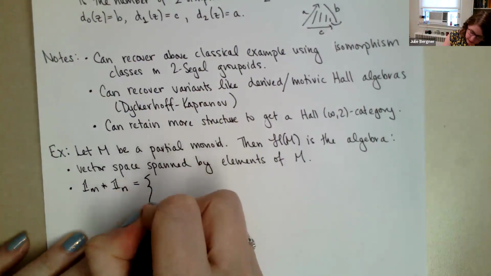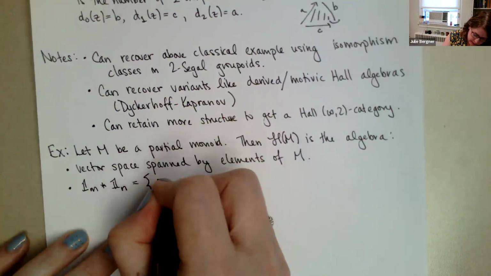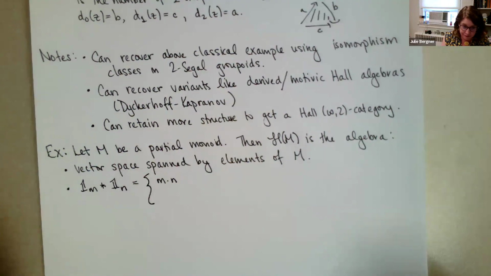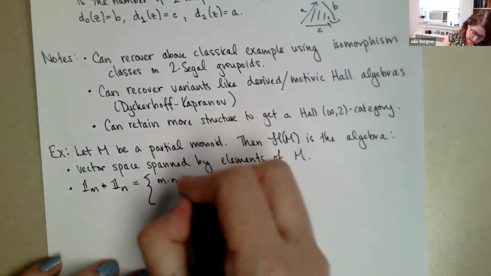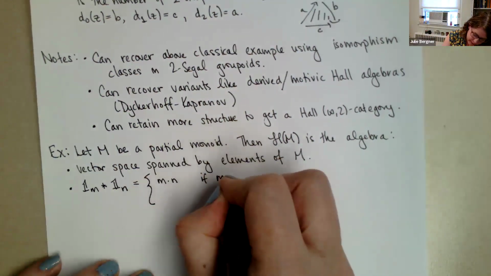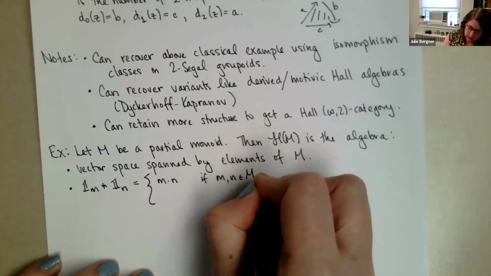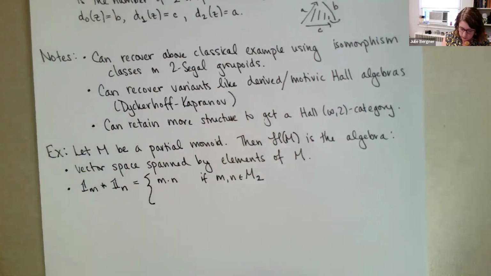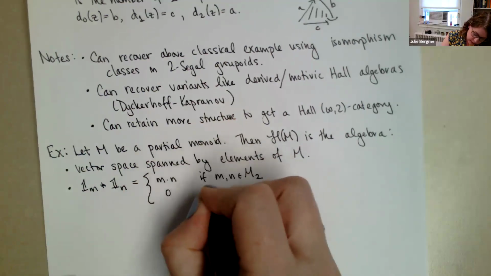I claim that this multiplication will be M times N if such a thing exists, that is, if M and N are in the set M2 of allowable composable pairs. And if not, then we just get 0.